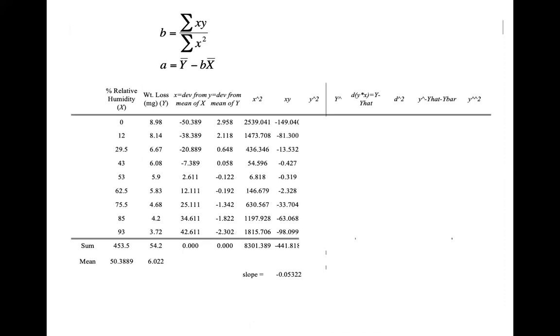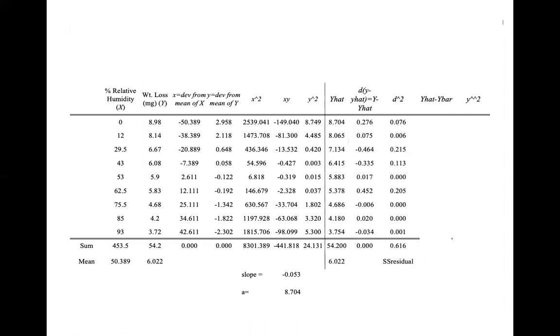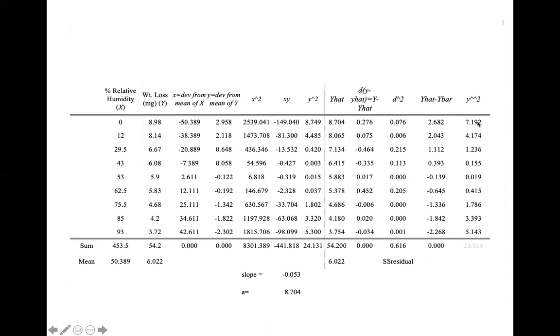So as a result of that, the deviation of the predicted value, which is y hat, minus y bar, which is the mean value of 6.022 here, that difference squared gets to be really, really big because the slope of the line is important in describing the relationship between x and y.